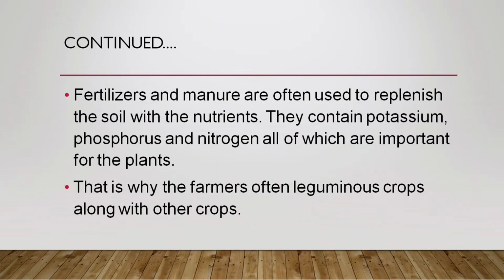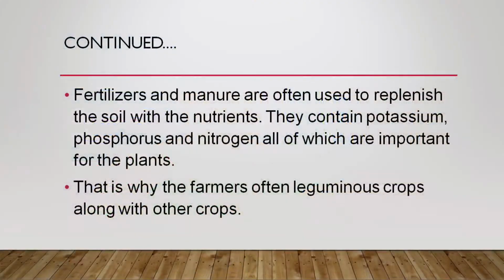If there is no nitrogen of that kind, then the farmers supply fertilizers and manures to the farms in order to replenish the soil with needed nutrients like nitrogen, phosphorus, potassium and so on and so forth. Nowadays in organic farming, we are trying to find out natural ways of replenishing the soil with different types of nutrients.